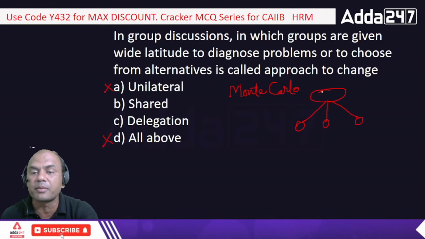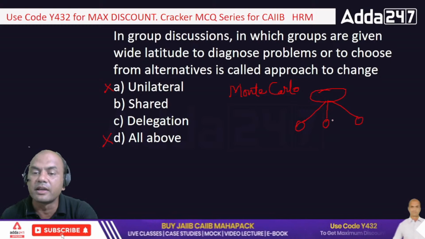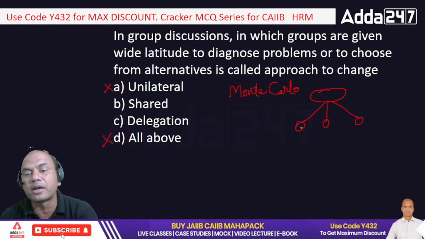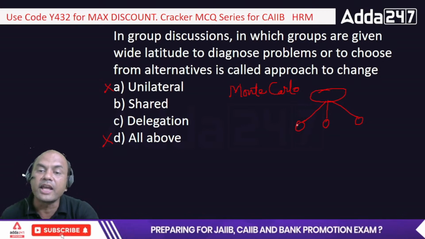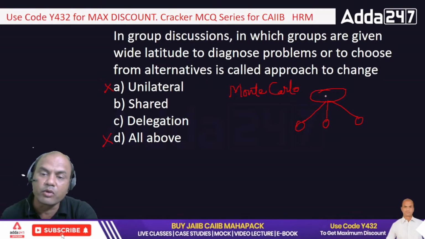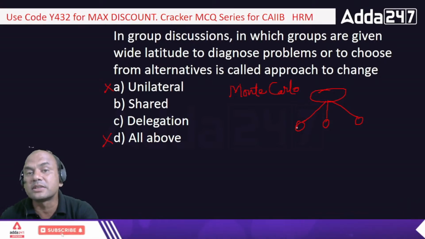In unilateral, a single person decides and you just follow what I say. Here you are given the liberty to follow your own ways and do it as you think. But in unilateral, it is said that what I say, do it that way only. So that's the difference.